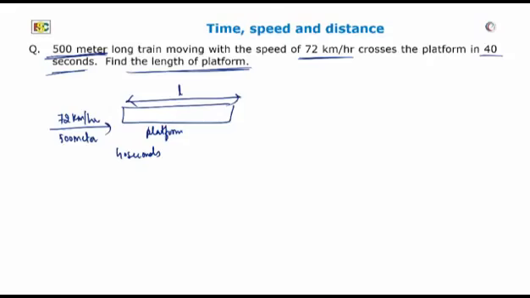We studied in our learning videos that train covers the distance while crossing a platform equal to its own length, that is length of train, plus length of platform.